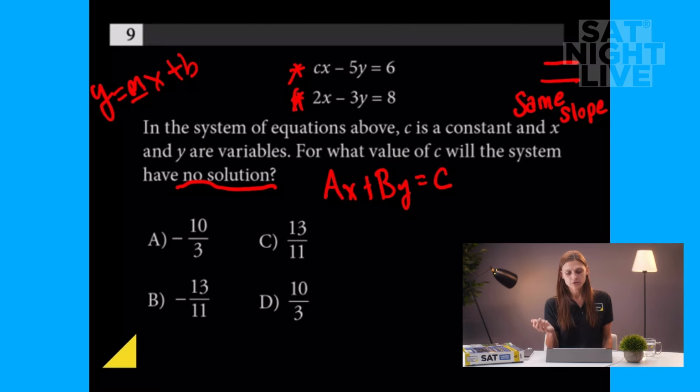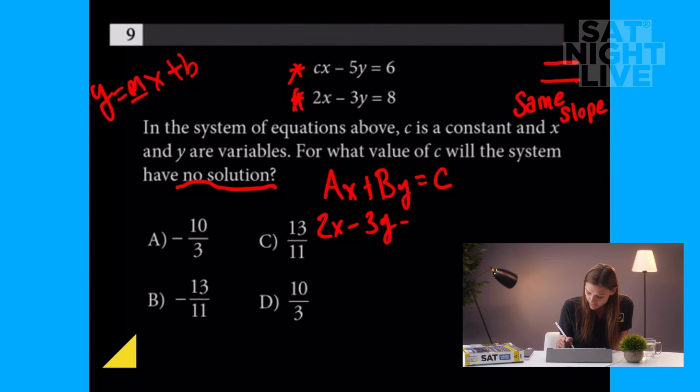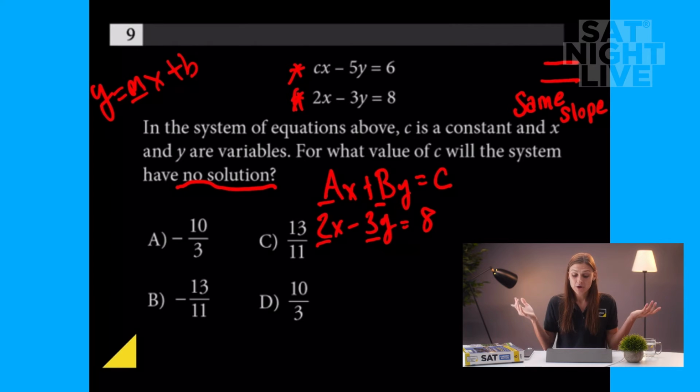So the second one, 2x minus 3y equals 8. Check this out: our a is 2 and our b is negative 3. Okay, so what does that mean? Well, if you remember one sneaky little trick, your life will be so much easier.